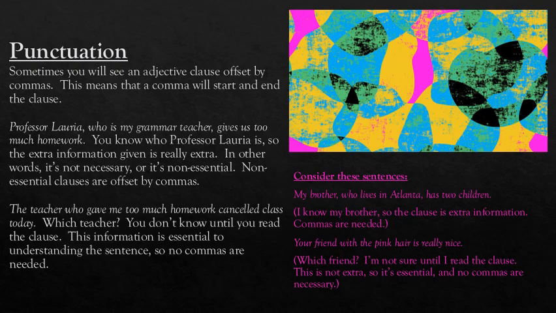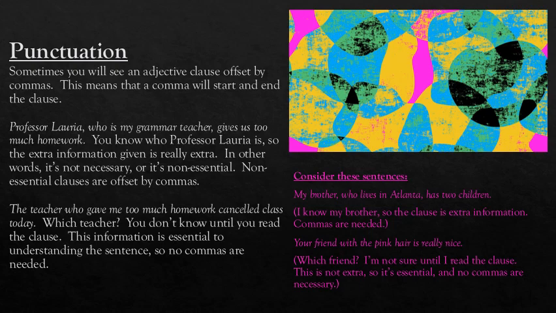Anyway, please notice that Professor Loria is a proper noun, meaning you know who this is. You know who this person is. And it's capitalized. The person has a name. So the information that follows this proper noun is extra information. You really don't need it to know who you're talking about.